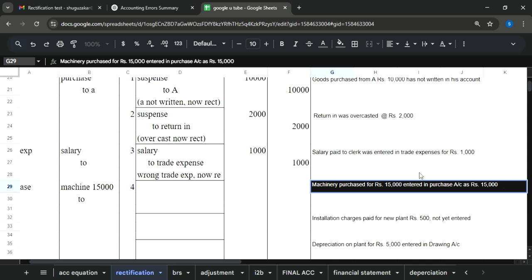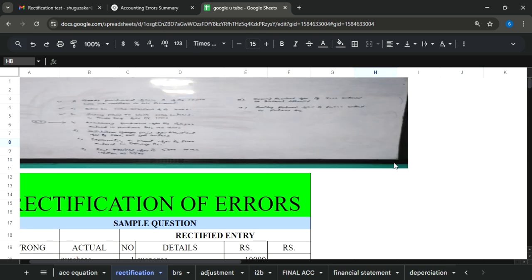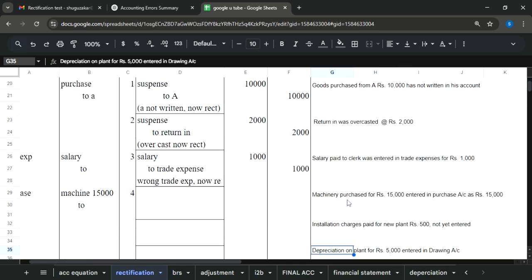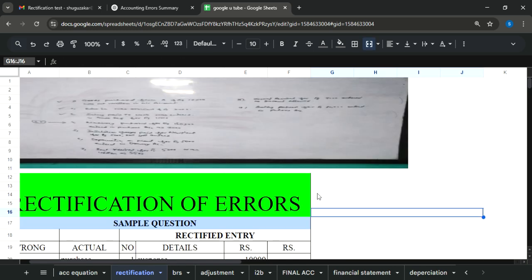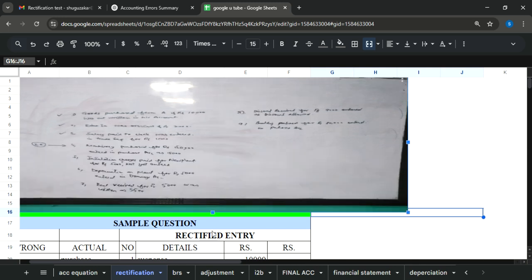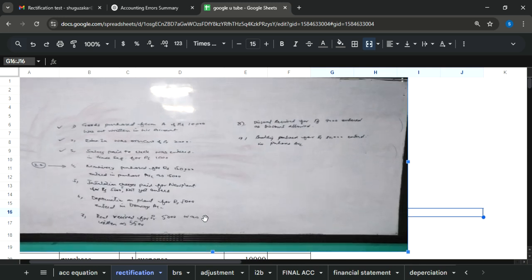Let's see in the picture again if it is visible. This is entry number 4. Okay, let's zoom our picture and we will observe entry number 4. Okay, this was 150,000 and 15,000.